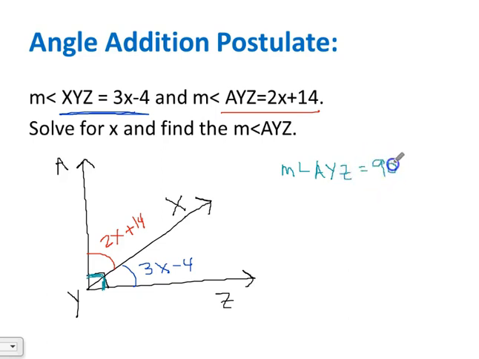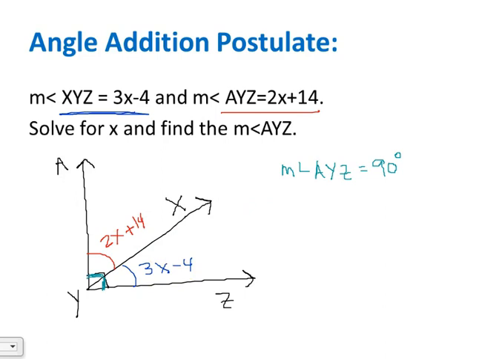It's 90 degrees. Remember, that little square lets us know that the angle measurement is 90 degrees. So if we know that the measurement of AYZ is 90 degrees, that means if we add these two expressions together, they should add up to equal 90 degrees.